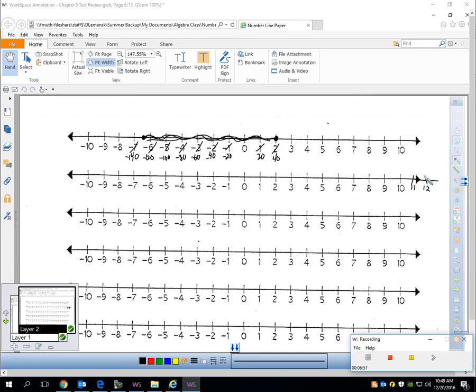So I will put a closed circle at 12, and then you can see that I drew a line left of 12 because, again, I want to show the values for x that are less than or equal to 12. So all these values, an arrow left, anything this way would be less than or equal to 12.